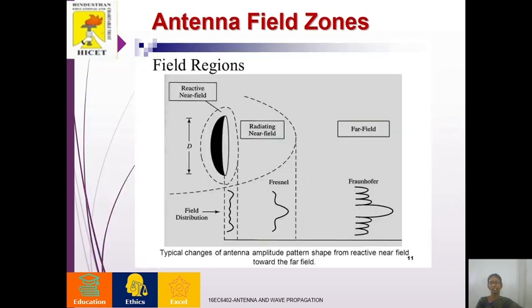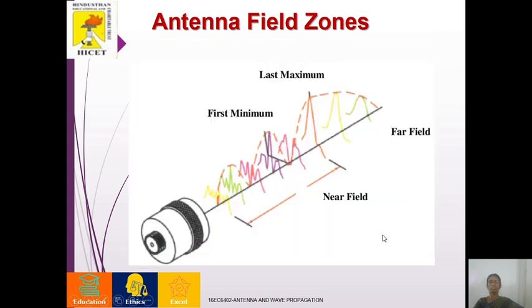Here I have shown a diagram to show how the radiation field varies with the distance. In the region near the antenna, the field distribution cannot be determined clearly, or otherwise you can say it is not directional. As the distance moves into the far field region, the pattern becomes more directional. That is, in a particular direction it has more radiation, while in the remaining directions the radiation diminishes.